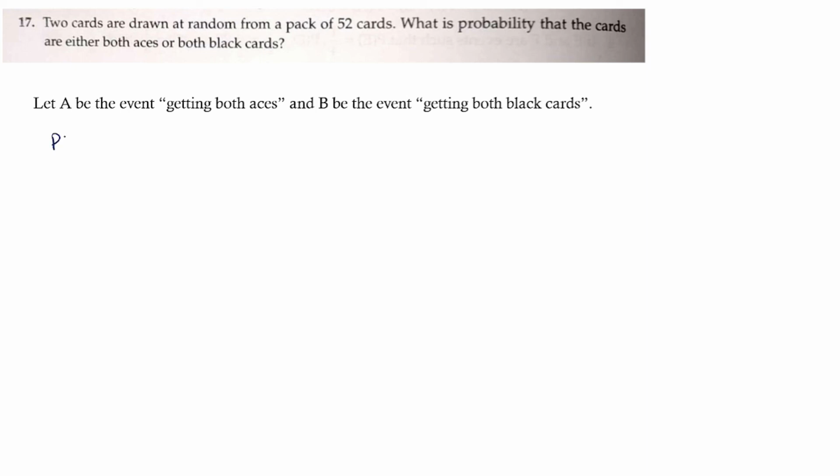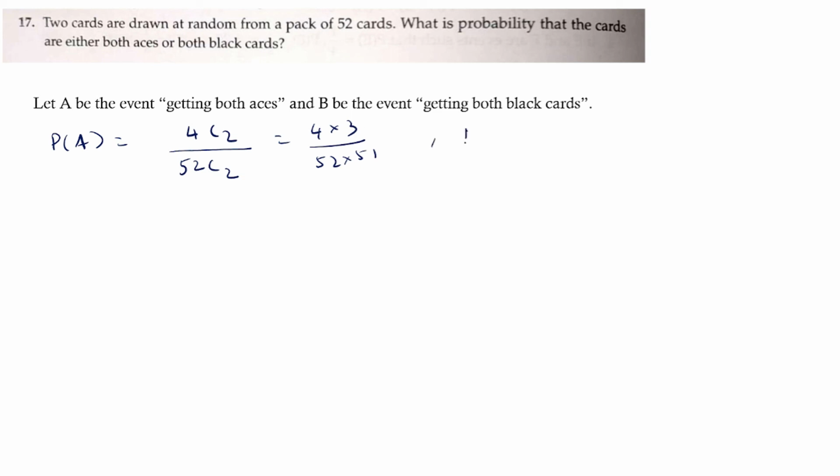So probability of A will be, we can select 2 cards from 52 cards in 52 C2 ways, and we can select 2 aces from 4 aces in 4 C2 ways. So P of A is 4 C2 upon 52 C2. So this let us simplify. So it is 4 into 3 upon 52 into 51.